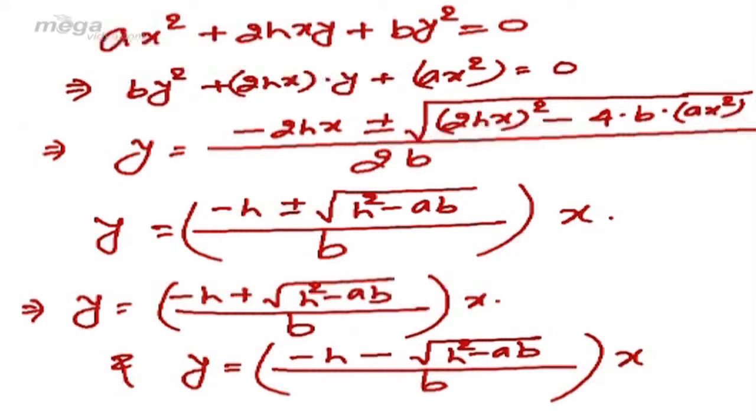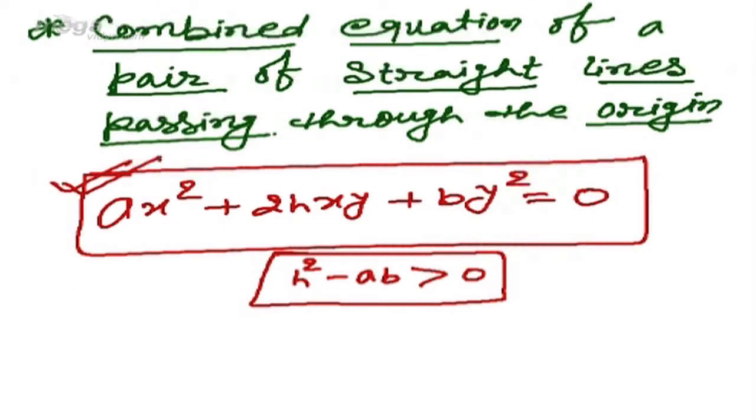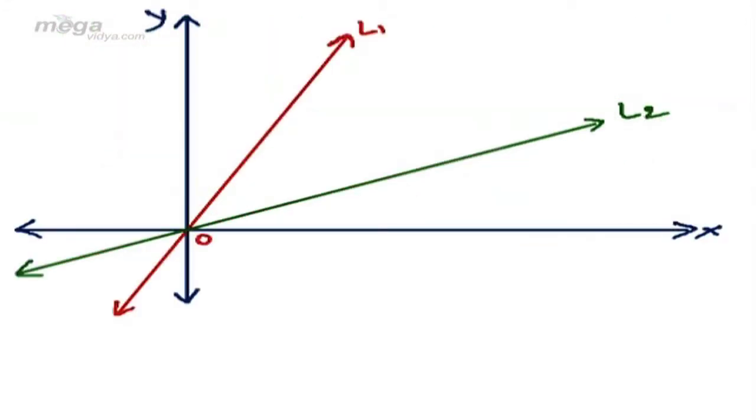If we consider that constant as m, then you can say y is equal to mx, which is in the form of y equal to mx plus c. So this equation will represent a straight line. But here c is 0. It means both the straight lines will pass through the origin. Hence this equation always represents a pair of straight lines passing through the origin.